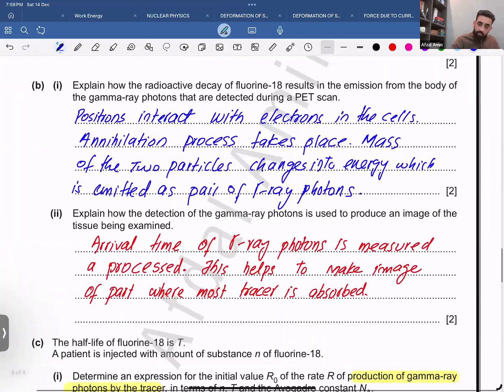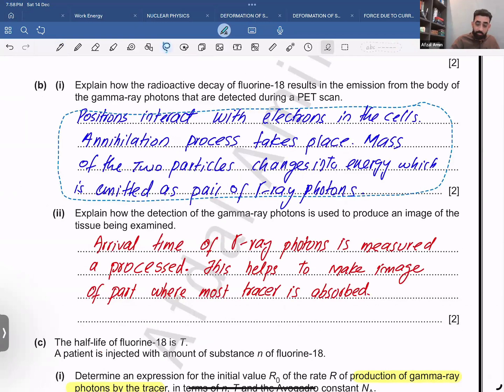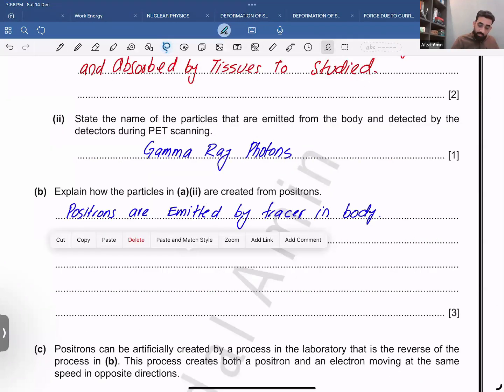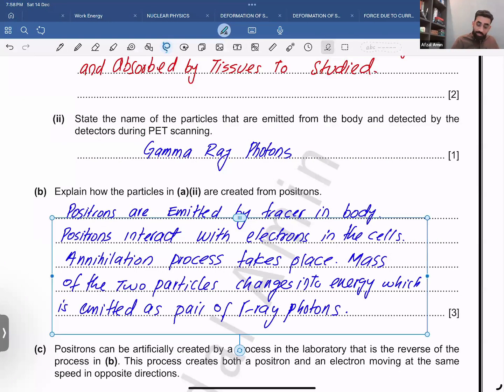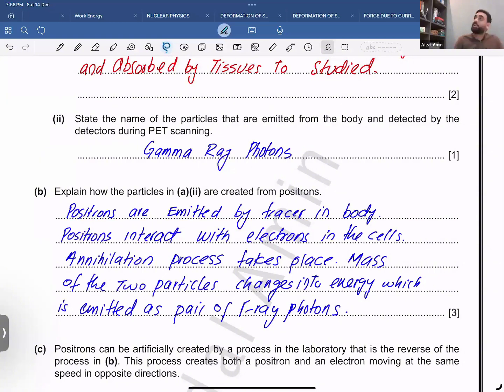Positrons are emitted by tracer in the body. Then these positrons interact with electrons in the cells. Annihilation process takes place. Mass of the two particles changes into energy, which is emitted as a pair of gamma ray photons.